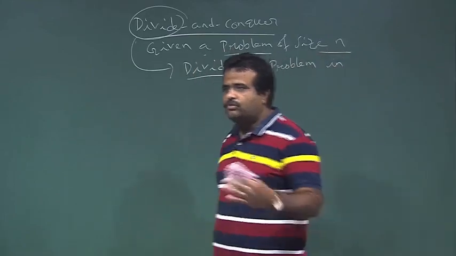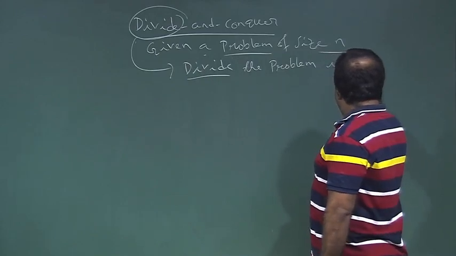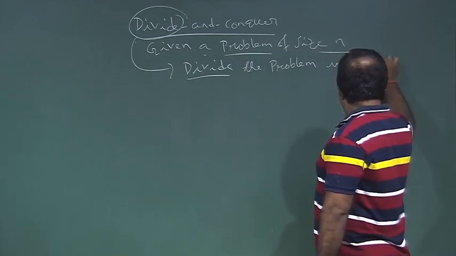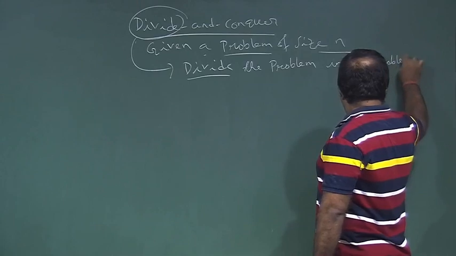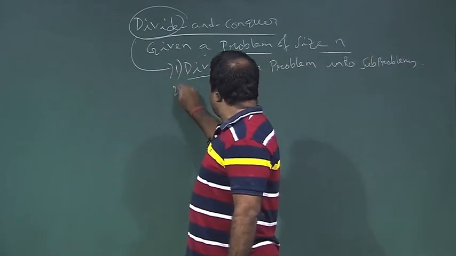It could be n by 2, it could be n by 3. This is the first step of the divide and conquer method.